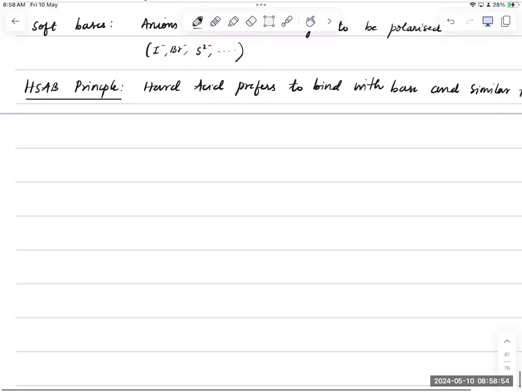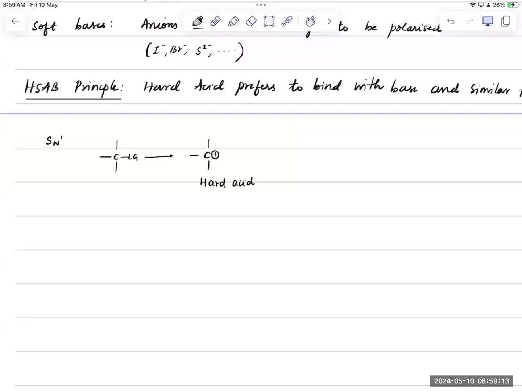Next, check out. Suppose you go through an SN1 mechanism. If you have a leaving group, we will make a carbocation. A complete carbocation means this is a hard acid. Since it is a hard acid, the nucleophile which is attacking should also be a hard base.